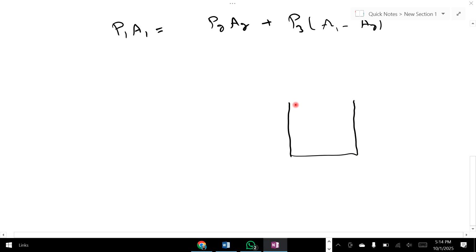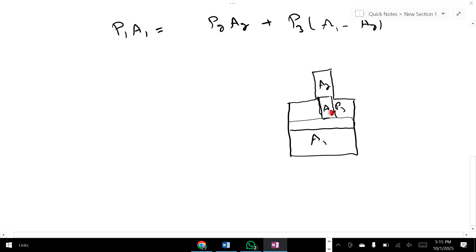This is chamber 1, this is chamber 2, and here this area is A2, this total area is A1, and this area is A2. If I calculate the area for pressure P3, I will subtract A2 from A1, because both these areas are equal.